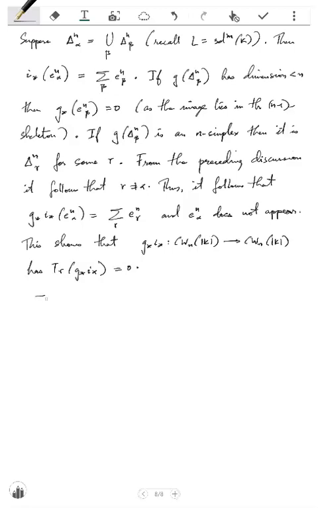So this implies summation j equal to 0 to infinity, minus 1 to the j trace of gj ij is equal to 0.